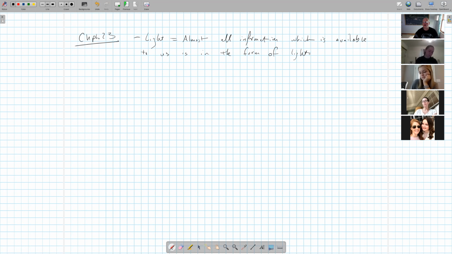So pretty much almost all information that we use comes in some form of light. So light is our greatest source of information that we can use to do experiments with and to gain information about an object, etc. So having said that, there are two types of ways that we get this information. So types of ways to gain information.